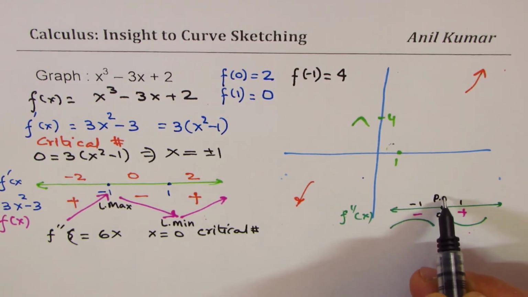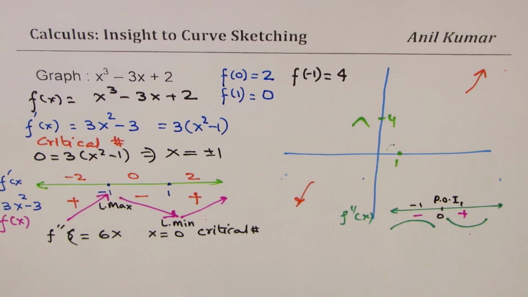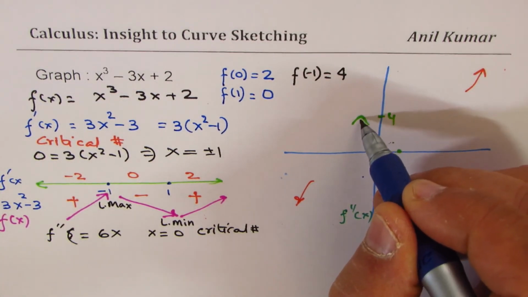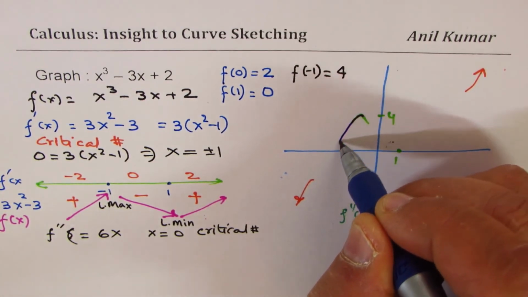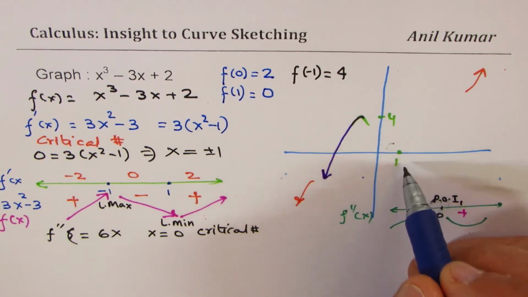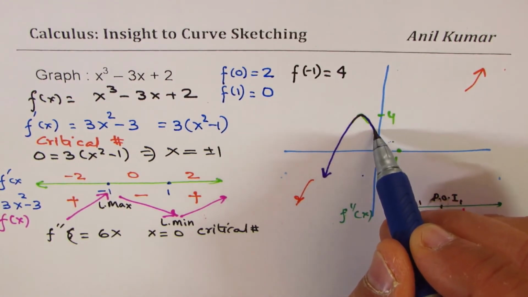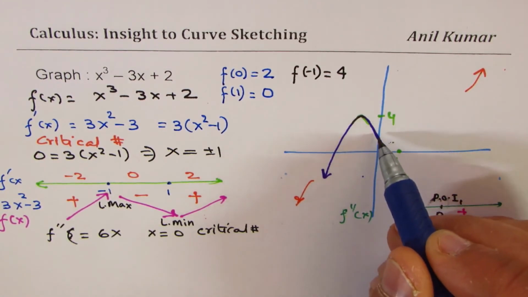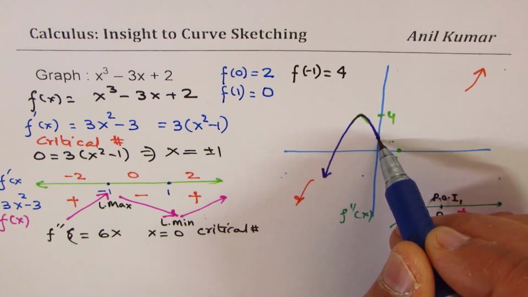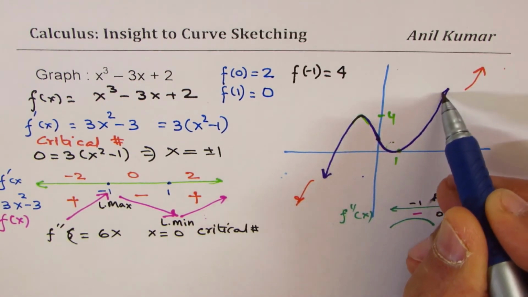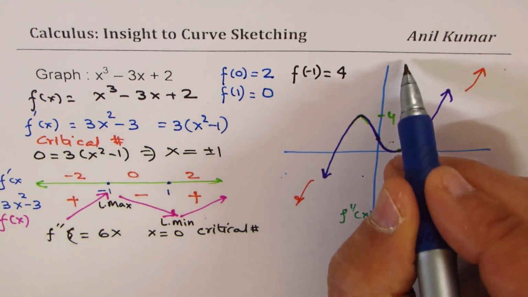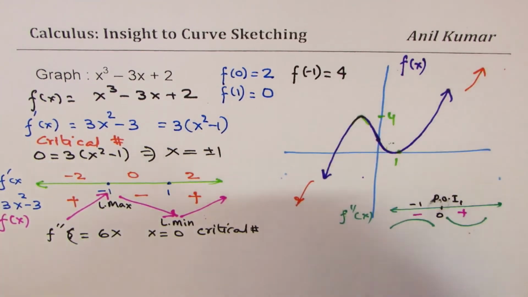So the concavity truly changes at 0. This half of the curve is very clear, right? It could be kind of like this. Is it okay? Here the concavity is changing at 0, so it comes like concave down and then moves concave up. Do you see that? So that is how your function is going to be.